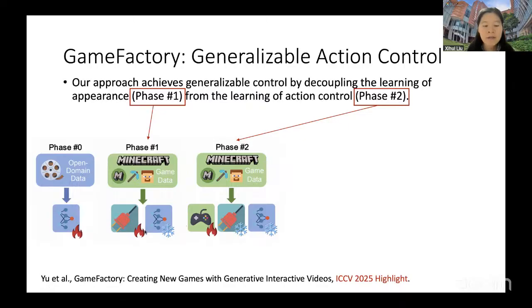Because in phase one, the style information of Minecraft is already absorbed in this LoRA module, in phase two, when we train the action control model, we can ensure that the style information is not entangled in training the parameters of action control.